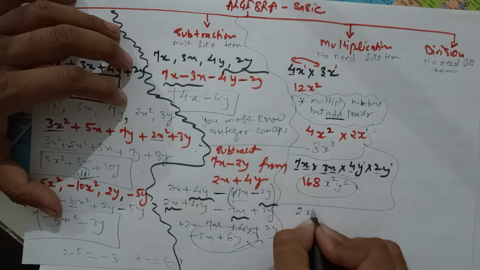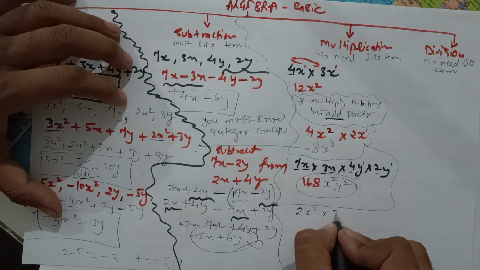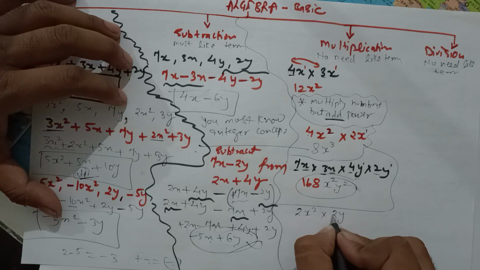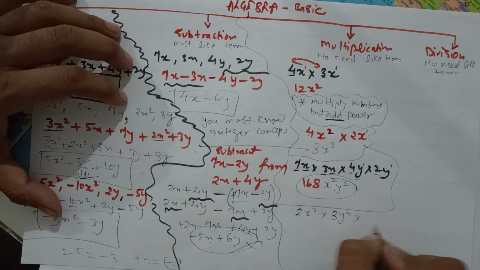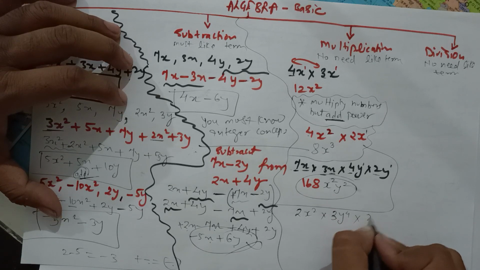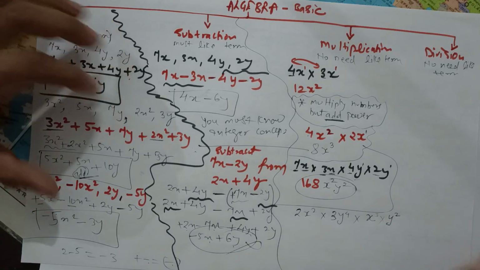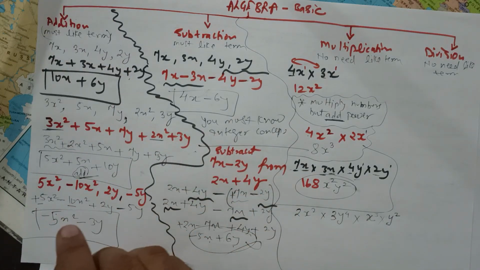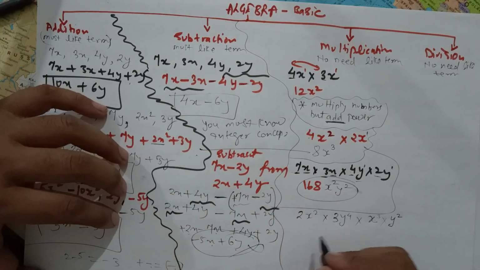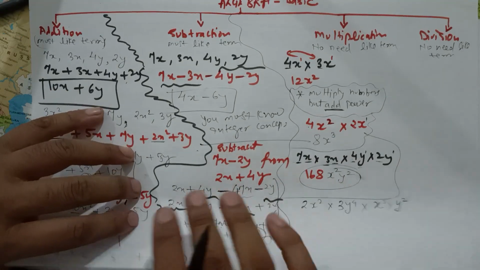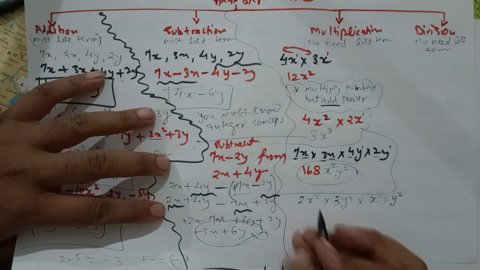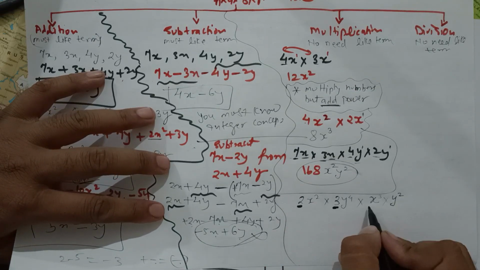Example: 2x square multiply 3y to the power 4 multiply x to the power 3 multiply y to the power 2. Now multiply all numbers because we don't need like terms. Multiply 2 into 3.